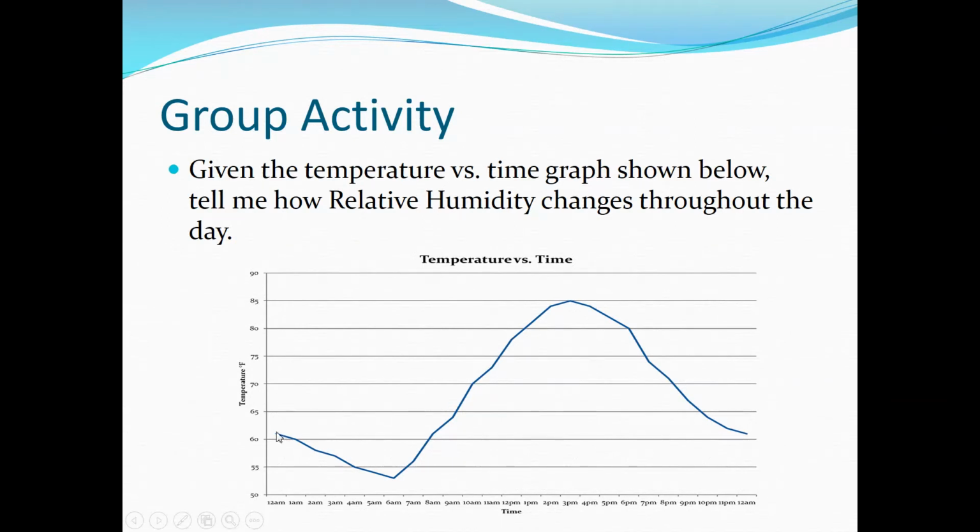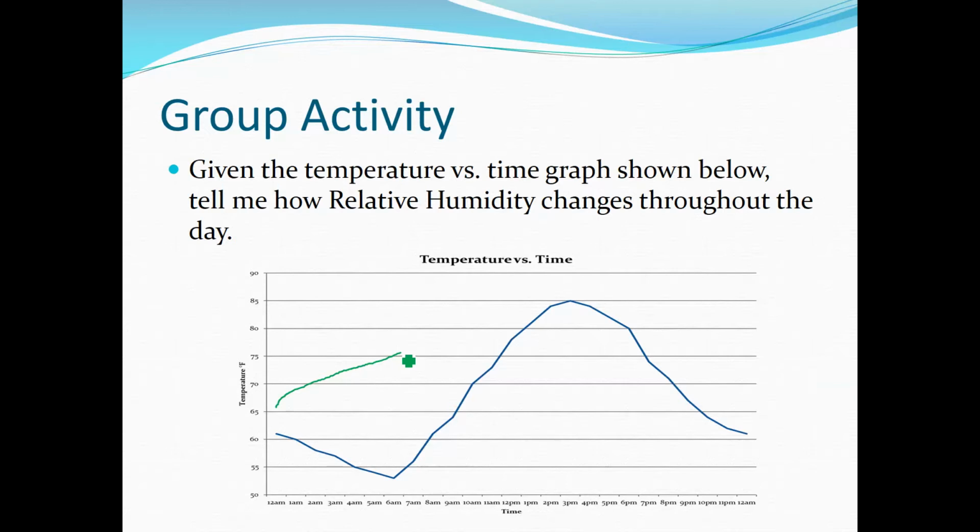Here, from midnight to 6 a.m., air temperature is going down. As a result, relative humidity, using this pen here, would be going up. Then, as temperature bottoms out at 6 a.m., relative humidity peaks.